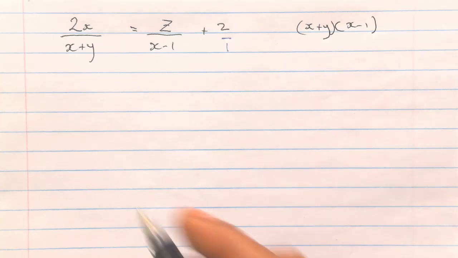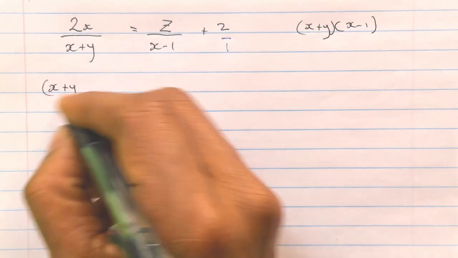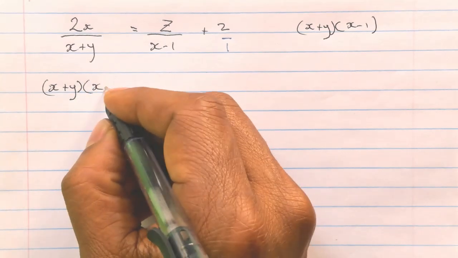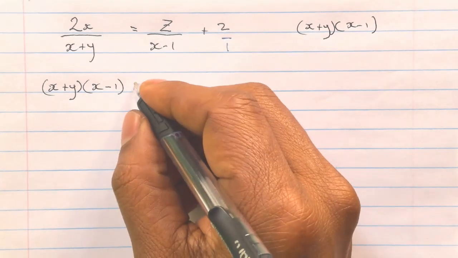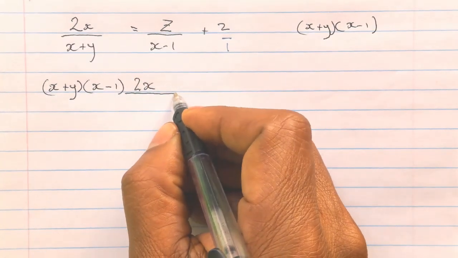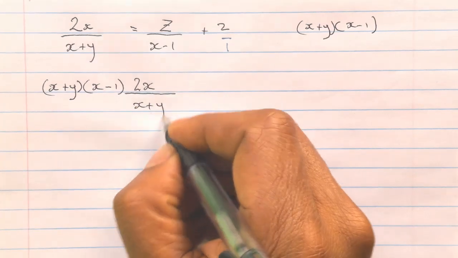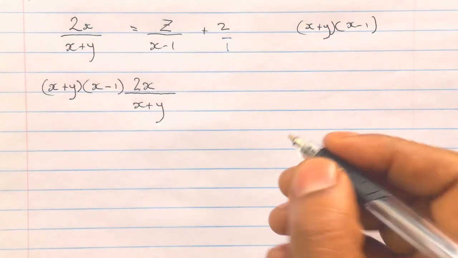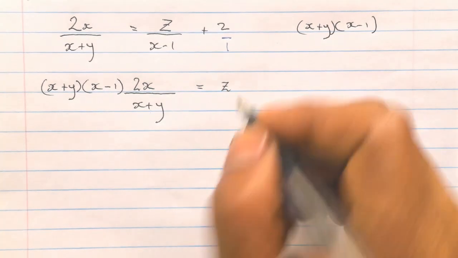So if this is my LCD, I must use my LCD in all of my terms. Okay, right, so I am choosing to do this one unlike the rational expression because it's not going to clutter my steps that much. Okay, so here what will I do?